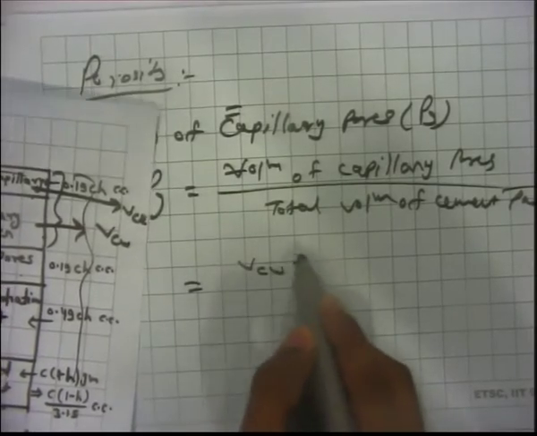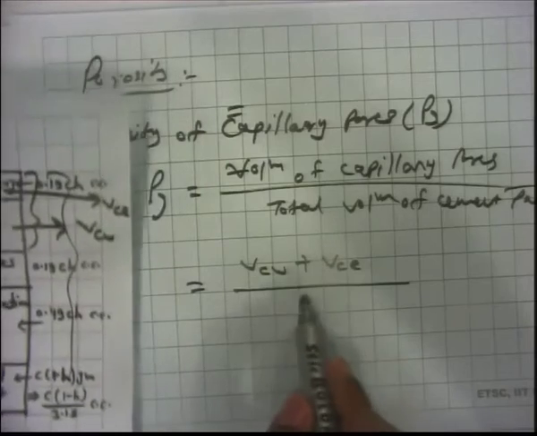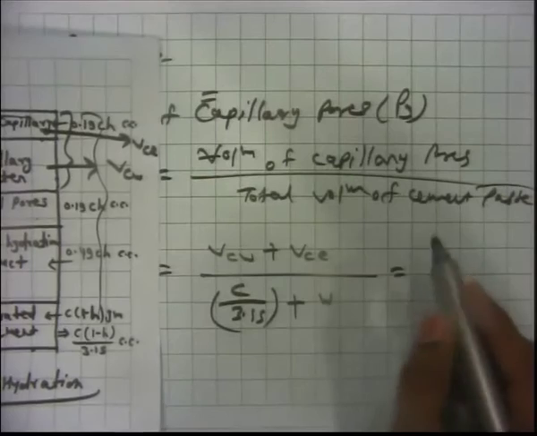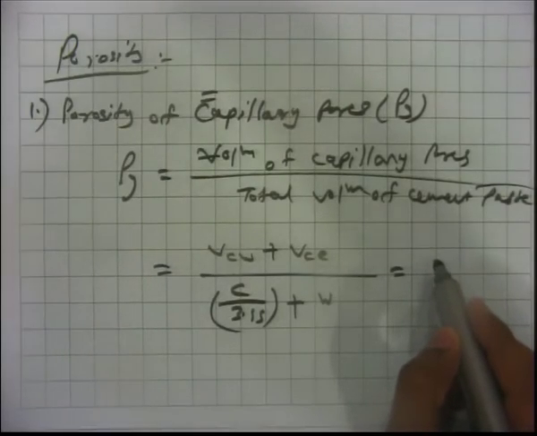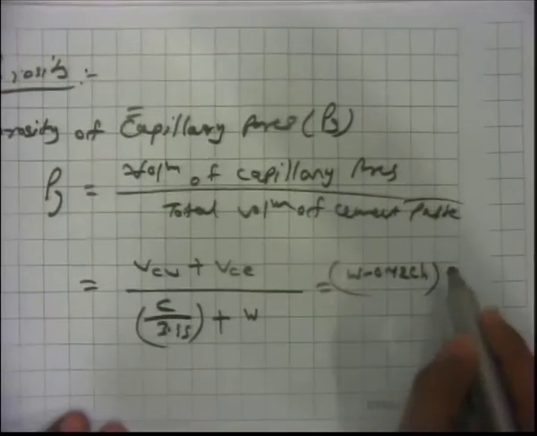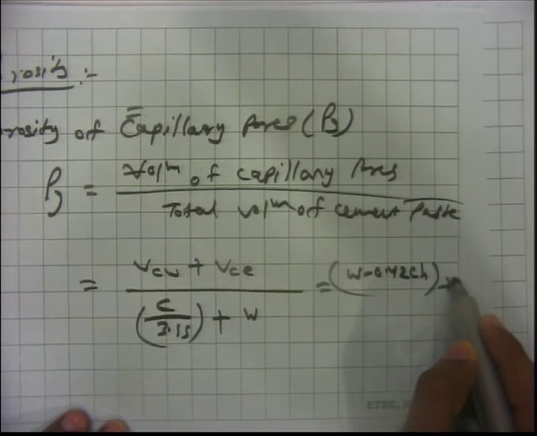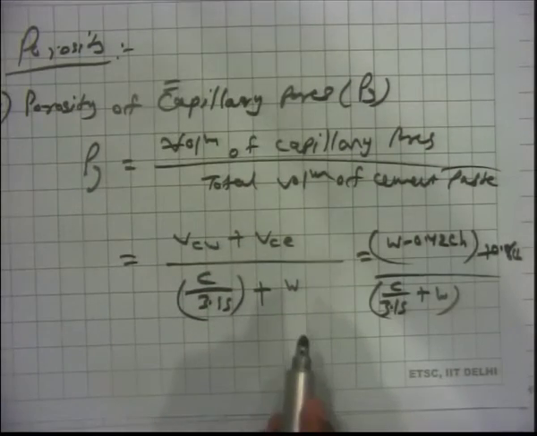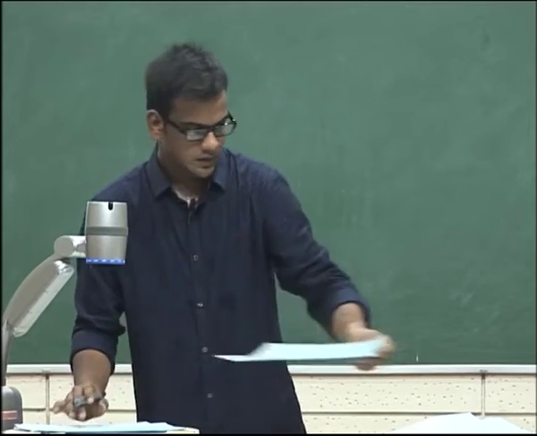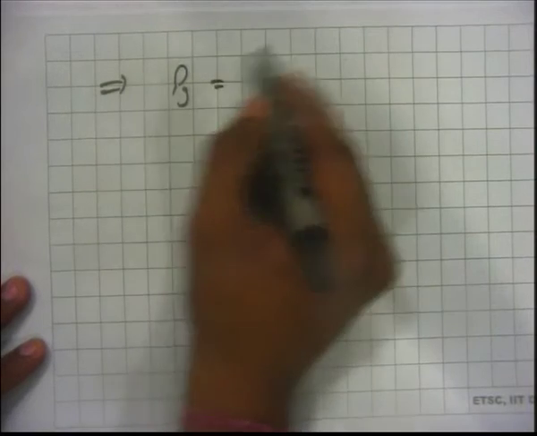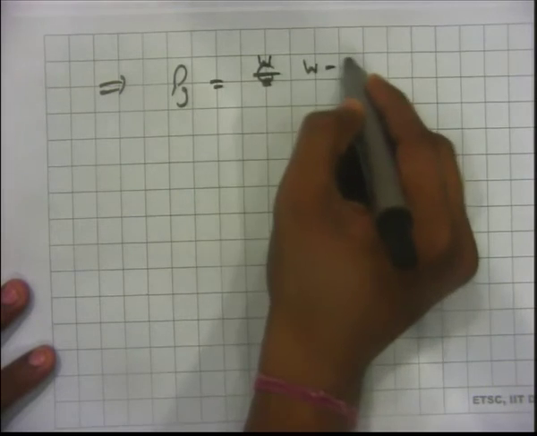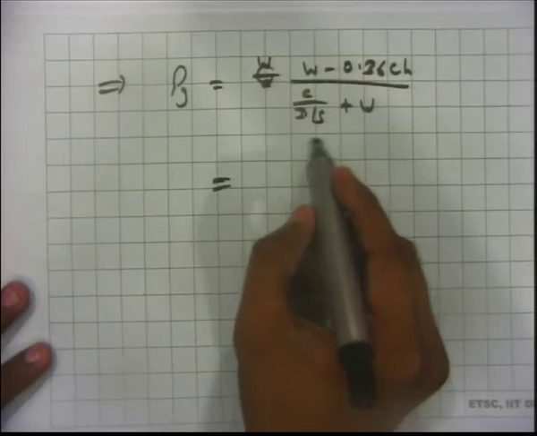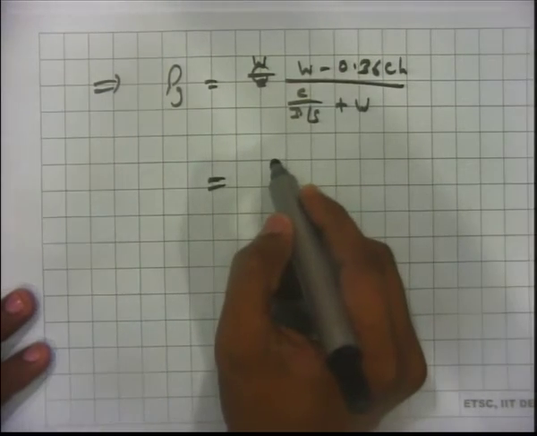So, VCW plus VCE divided by total volume will be nothing but, as we have already calculated, C divided by 3.15, cement volume, plus W. These two terms we can put: VCW is W minus 0.42 Ch, and the VCE is 0.06 Ch, divided by C over 3.15 plus W. After solving this mathematical equation, the final form will be W minus 0.36 Ch upon C, divided by 3.15 plus W. We can write this in the form of W by C, which is important for cement, as all other things are related with W by C only.